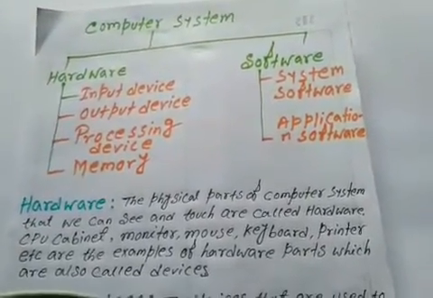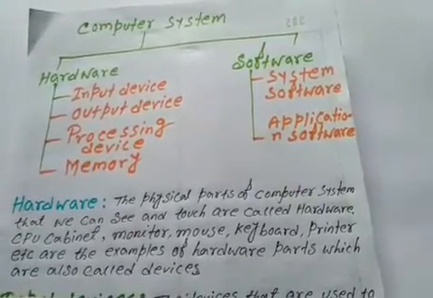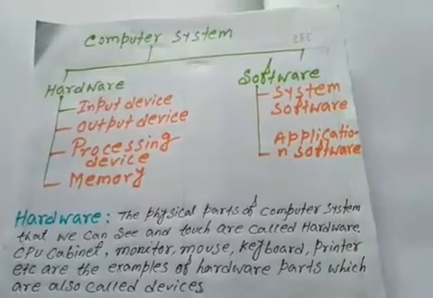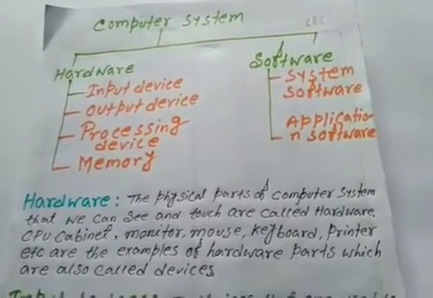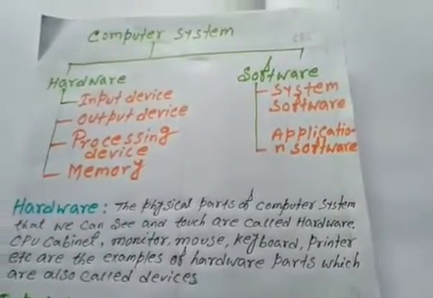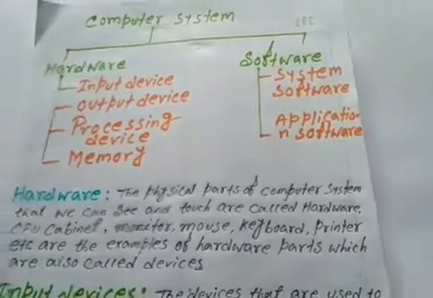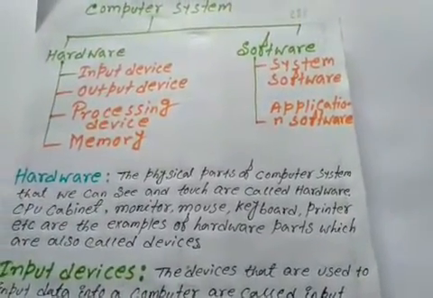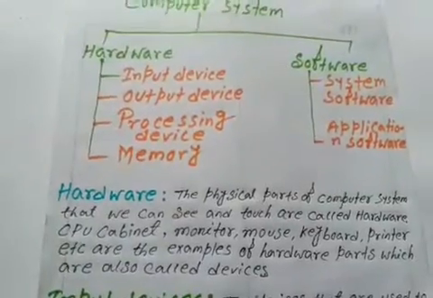Hardware can be divided into four categories: input device, output device, processing device and memory. Software can be divided into two categories: system software and application software. Let's discuss hardware.